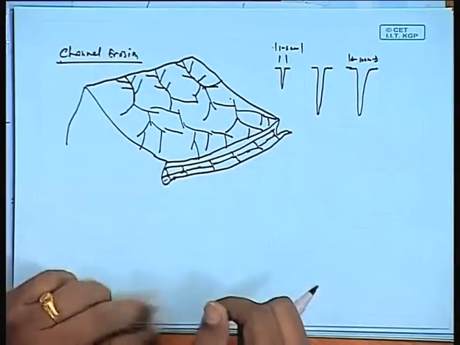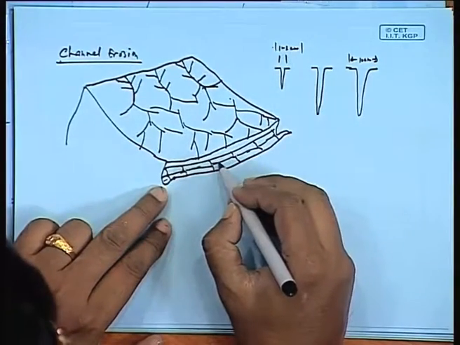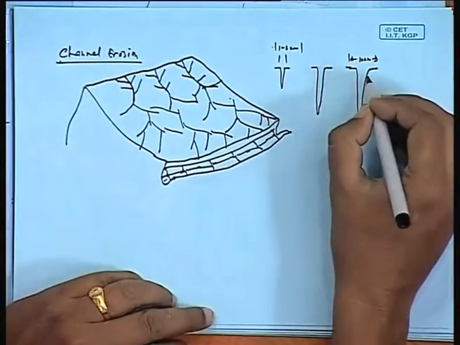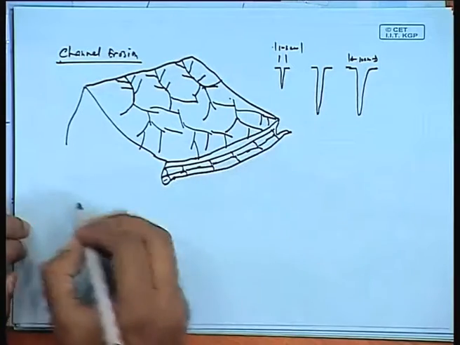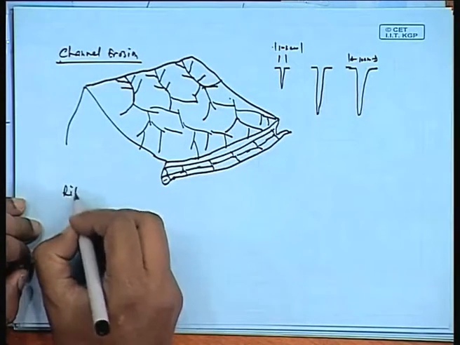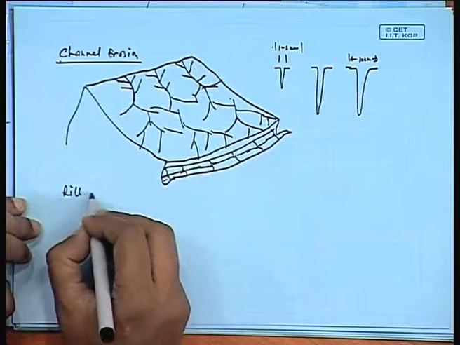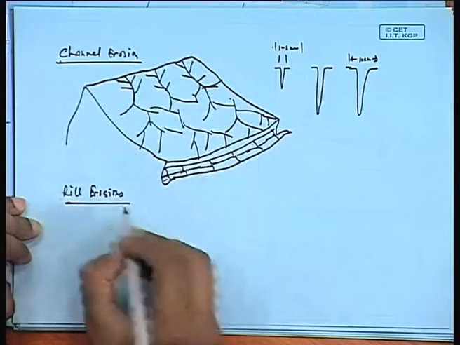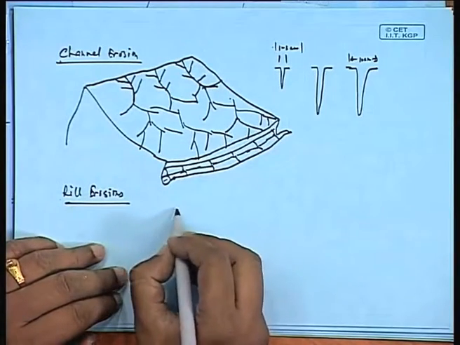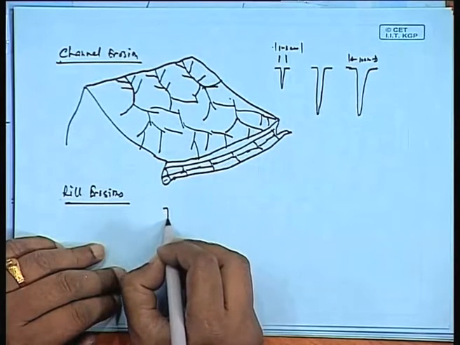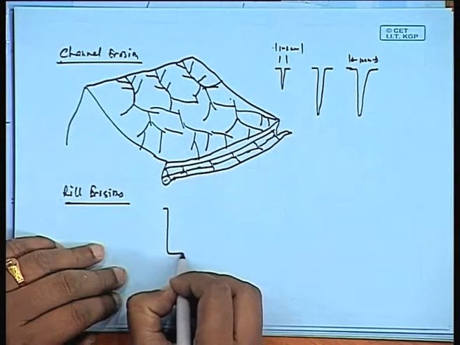Now one important thing is this channel. From the channel we find the rills, or rill erosion. We generally call them rills. After 10 centimeters, this channel begins to widen also at the bottom.